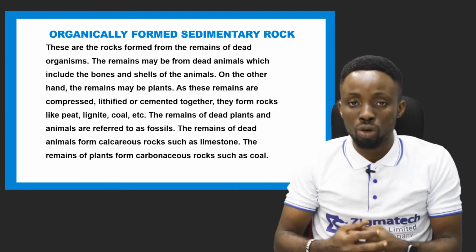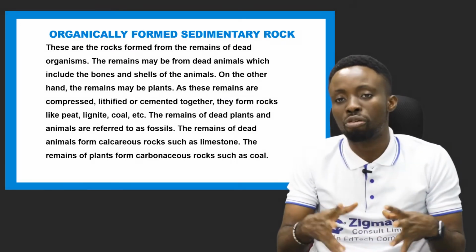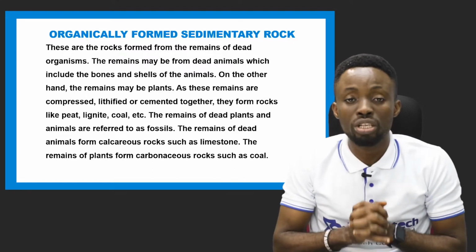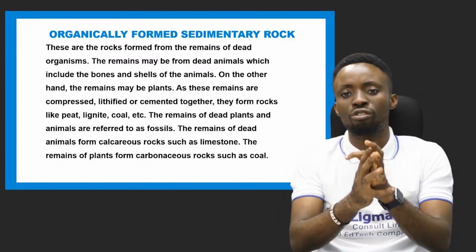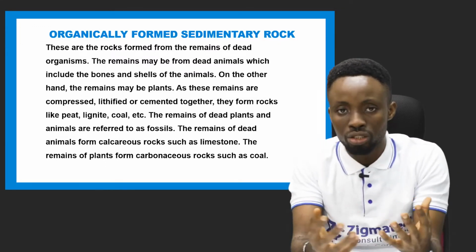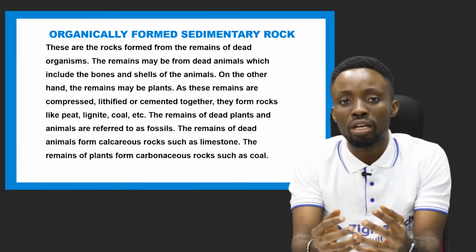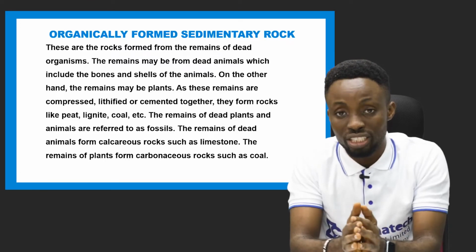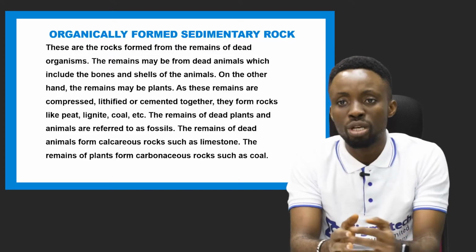Then we look at the third classification of sedimentary rock. We call them the organically formed sedimentary rock. Now, these rocks are formed from the remains of dead organisms. When dead organisms decay and decompose, they later form soil and liquefy together. The rock that is formed from it is an organically formed type of sedimentary rock.